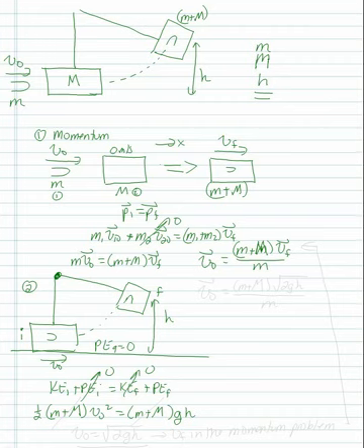We know that. Well, what happens? We cancel the masses. And we end up with V0 is root 2gh. This is the velocity after collision. So this is VF in the momentum problem.